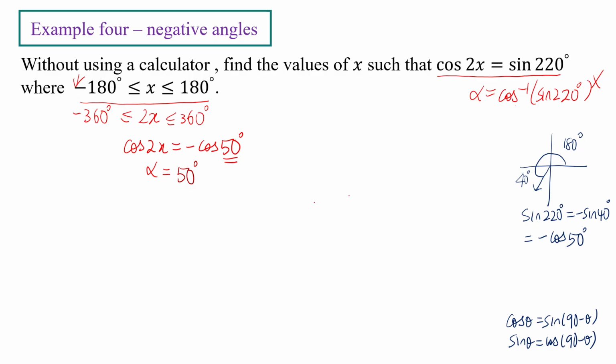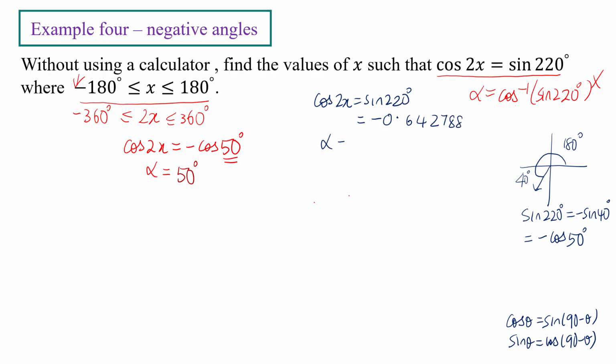All right, so some of you may ask, how about if I do it this way? I have cosine 2x equals sine 220. I just use a calculator to work out sine 220, which I get negative 0.64278, let's say.